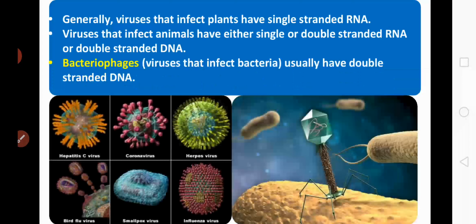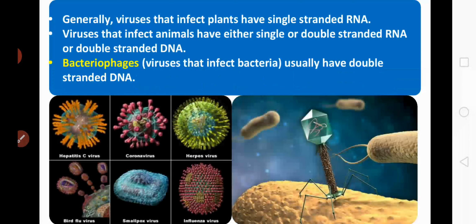Am I clear? The plant viruses possess single-stranded RNA, whereas the animal viruses possess either single or double-stranded RNA or double-stranded DNA as the genetic material.